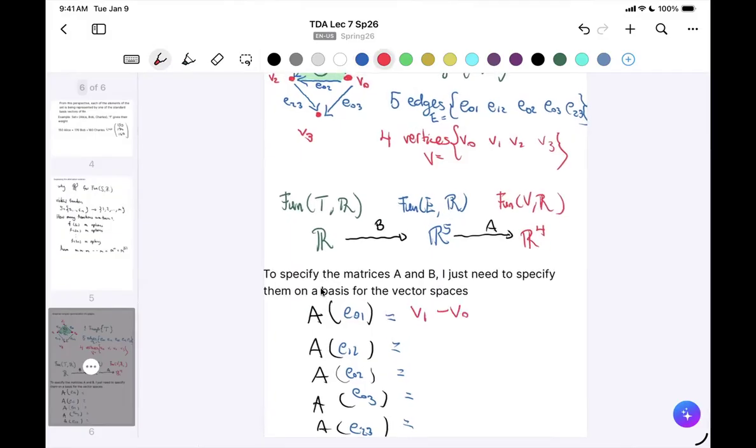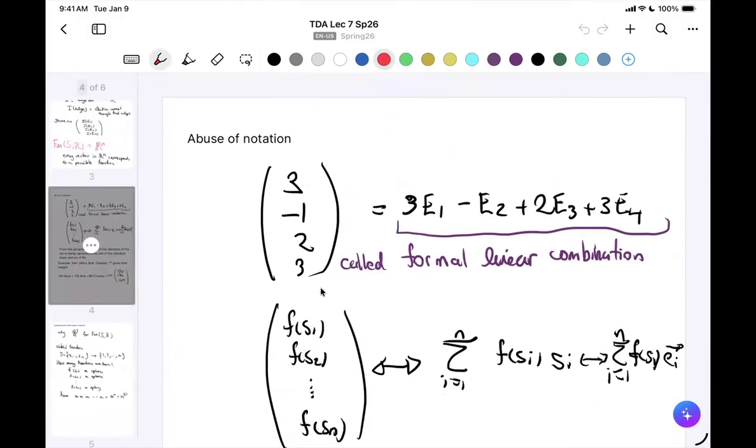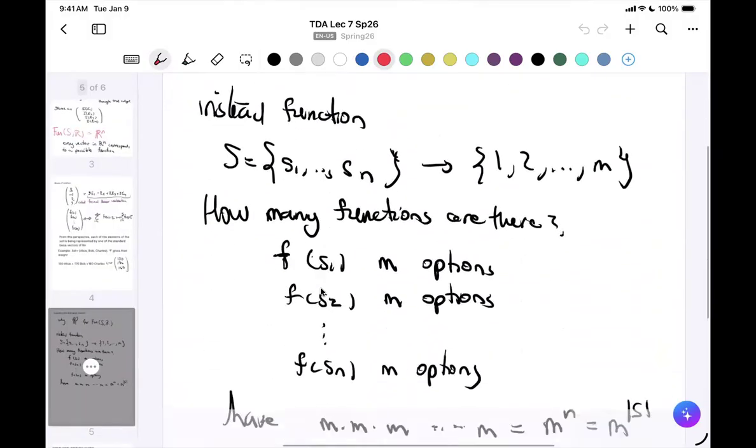Just to go back for a second, that's why I was saying a bit earlier that it was useful to think about the vector as a linear combination of the underlying set, because it makes it a bit more transparent what you're trying to do when you define these formulas.